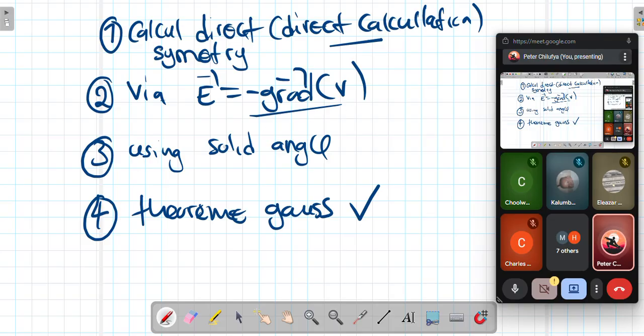I'm going to use both of the formulas. In the exam, they might ask you to use one of the methods, especially the first one or this one or this one. The solid angle one is just from my school. We used to use the solid angle one, and it's the simplest one.